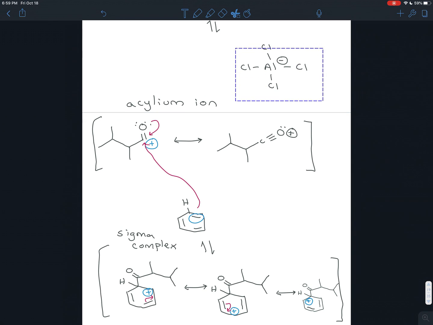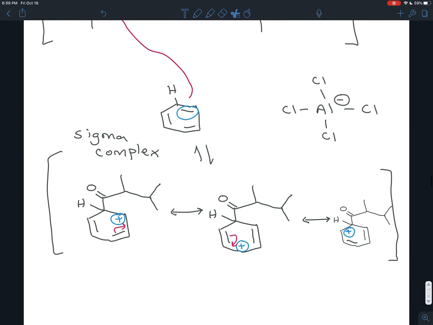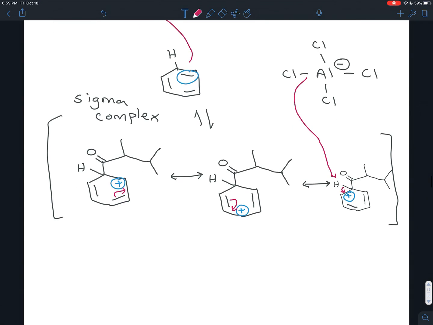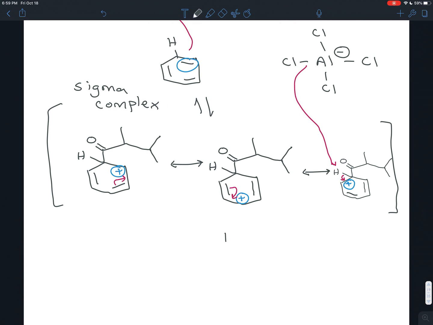You need a base, and we're going to use this base that we have here, our catalyst. All of the electrons in these bonds are pushing each other apart. Aluminum is not electronegative, so it's not really able to hold on to them. And one of the chlorines comes off, steals the hydrogen, and the electrons going to the hydrogen snap back into the ring to create aromaticity.